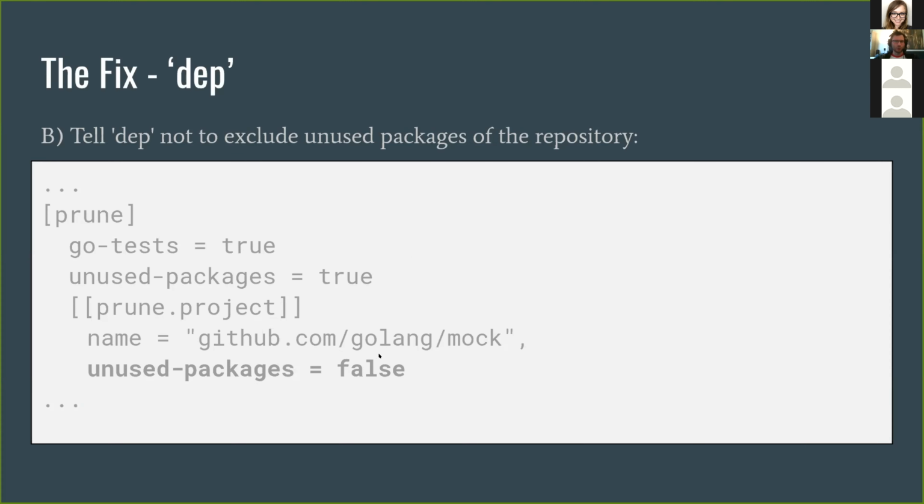So in this section, we can tell dep to not exclude any unused packages, which mockgen would be. If we just set unused packages false for that particular repository, then the mockgen code will be fetched and we could start using that.